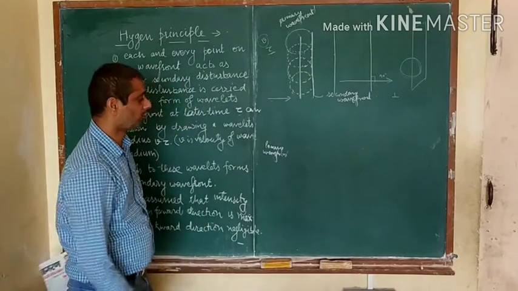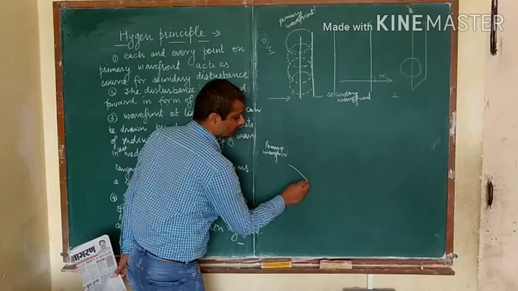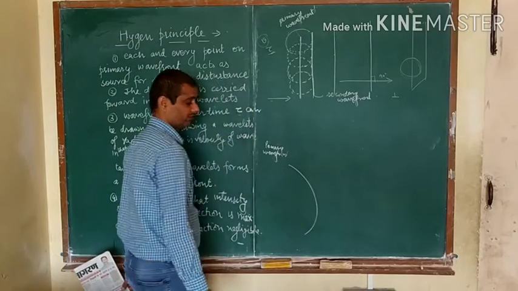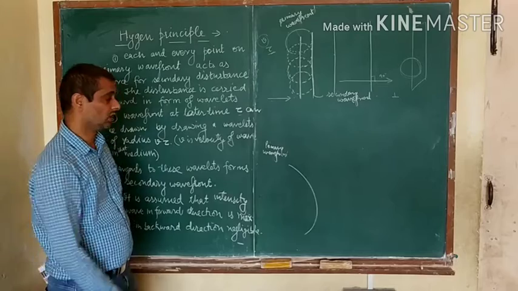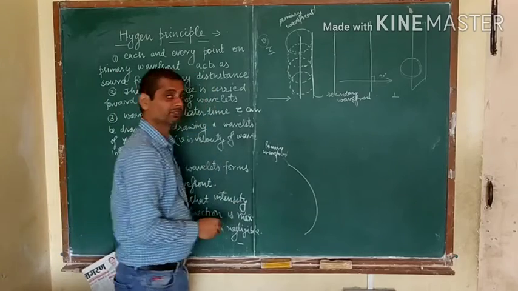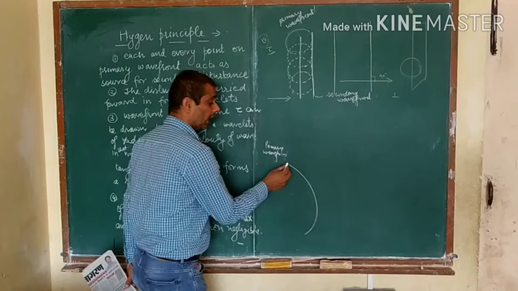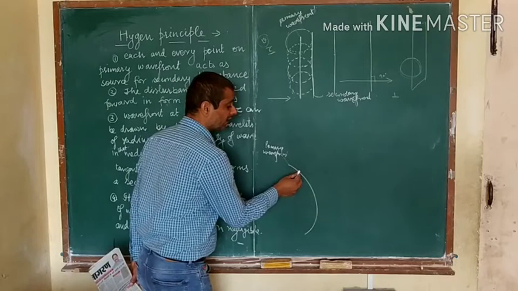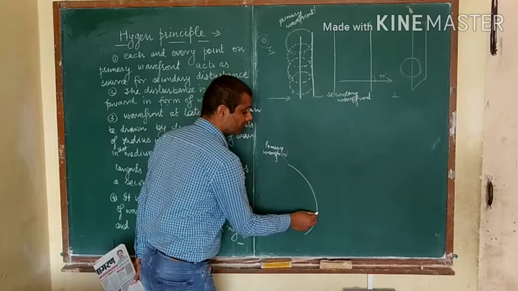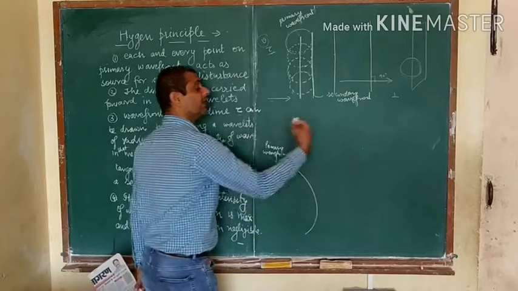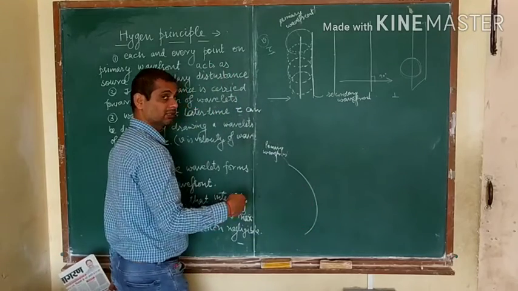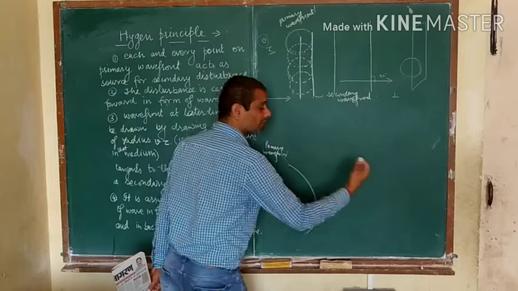Further, we can draw for the spherical wavefront. Suppose I have this as our spherical wavefront. So I take this as a primary wavefront first of all. Now, according to the Huygens principle, each and every point on this primary wavefront acts as a source for the next disturbance. And the disturbance is carried in the form of wavelets.